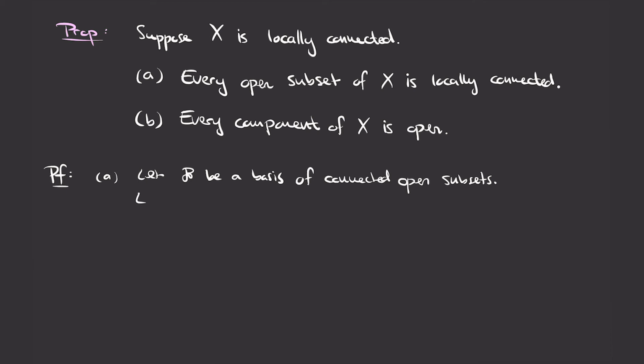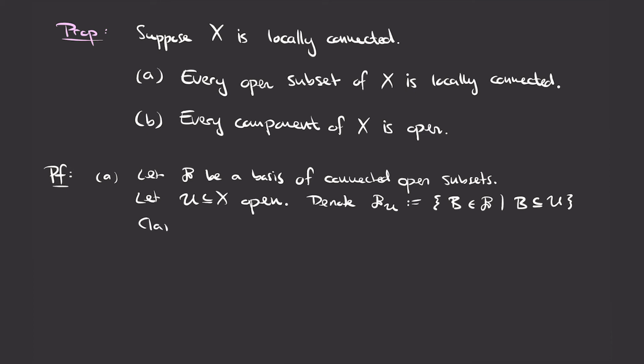Now we let U be some open subset of X. In order to show that U is locally connected, we need to find a basis of connected open subsets of the subspace U. For this, we denote by B sub U the set of all basis elements B in the basis such that B is contained in this open set U. So this is a subset of the basis consisting of all basis sets contained in the open set U.